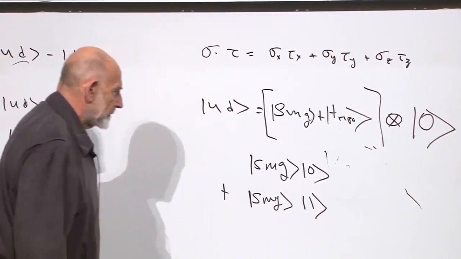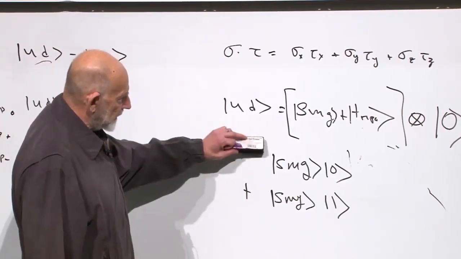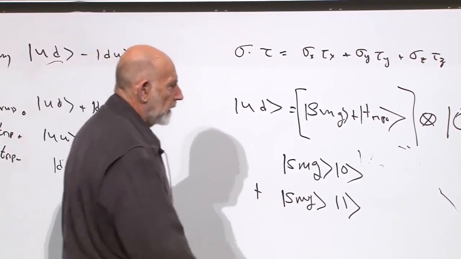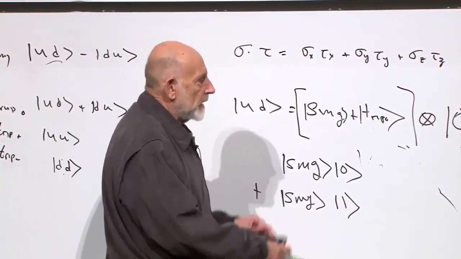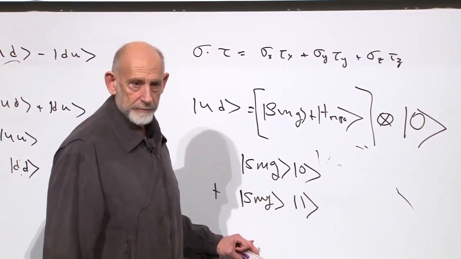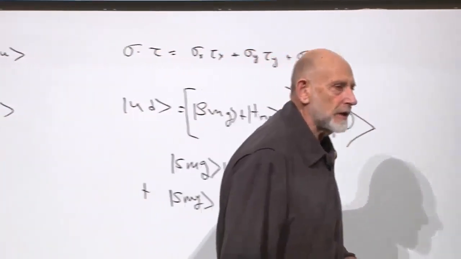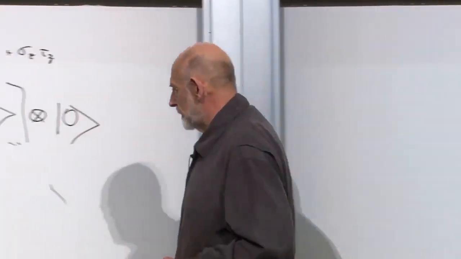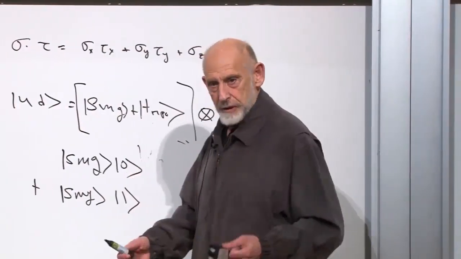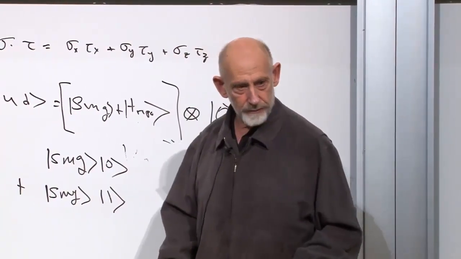So what happens to this state? It evolves into the linear combination of singlet times no photon and one photon. In other words, it's a singlet state of the electron pair, but a quantum linear superposition of no photon and one photon.